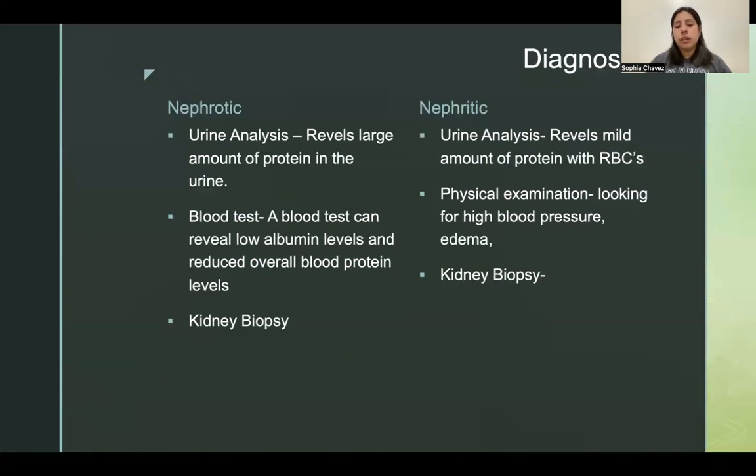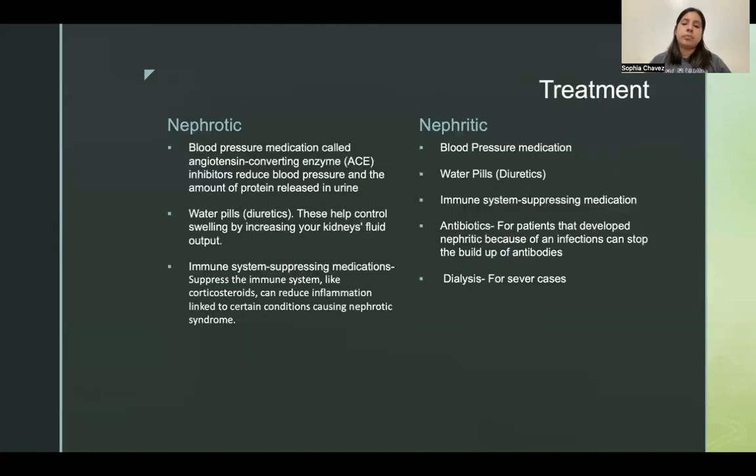For nephritic, there is urine analysis also, and this reveals a mild amount of protein with red blood cells. There's also physical examination looking for high blood pressure and edema, and then also again a kidney biopsy.